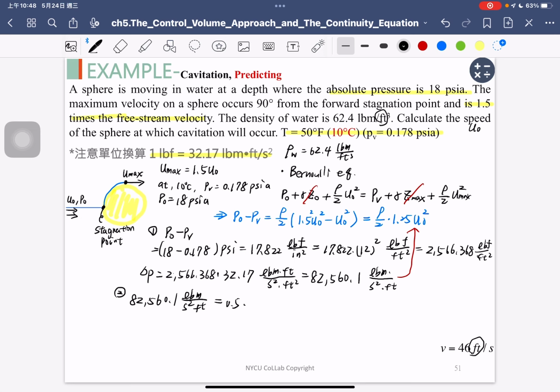Here we have the density, so 2 over rho, the density is 62.4 pound mass per FT cube, times 1.25, and the u0 square. So you can calculate the u0 square, I check by my calculator.